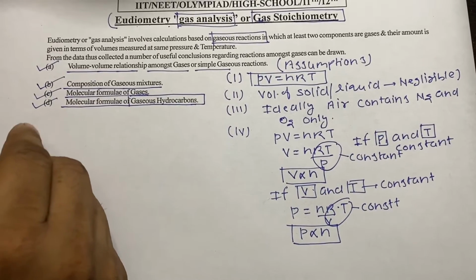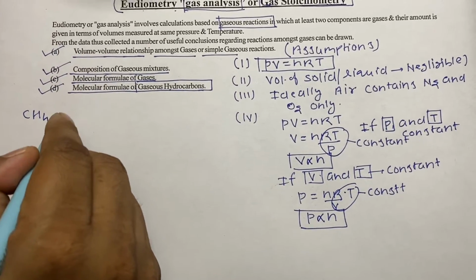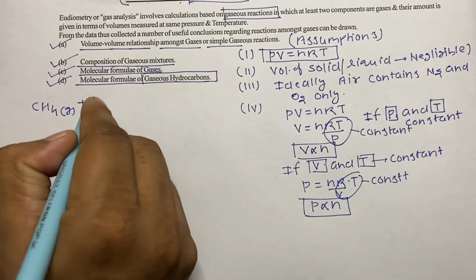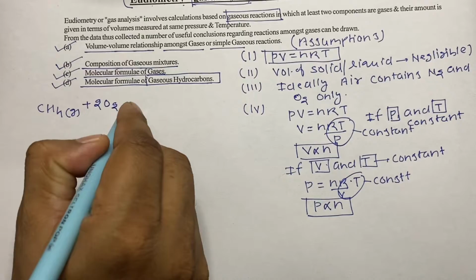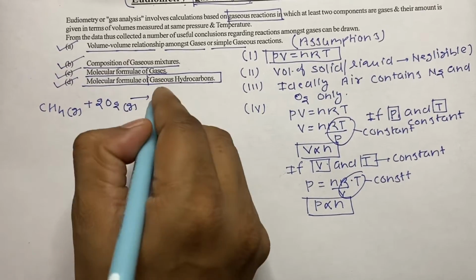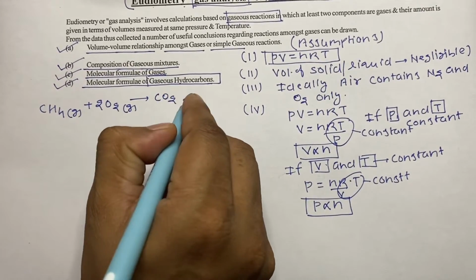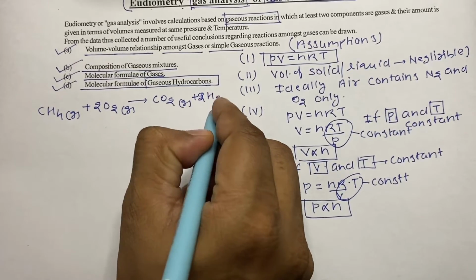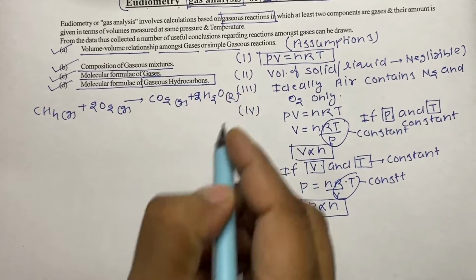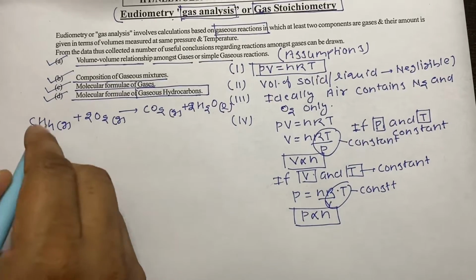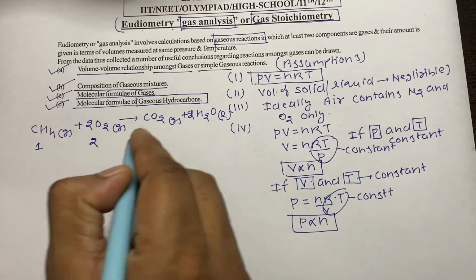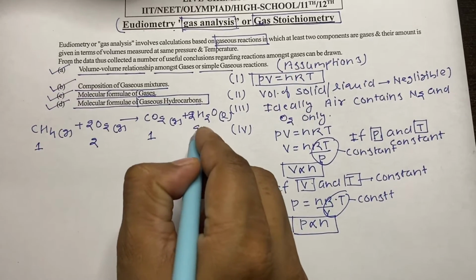Suppose we write a gaseous reaction like combustion of methane: CH4(g) plus 2O2(g) gives CO2(g) plus 2H2O(l). This follows the 1:2:1 ratio stoichiometry.